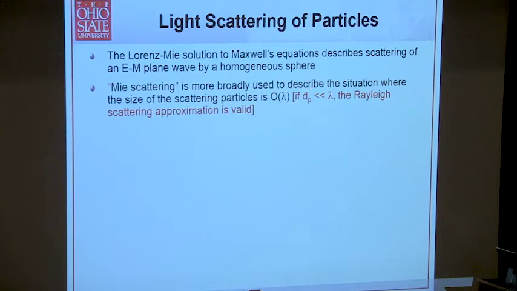If the diameter of the particle is at least an order of magnitude less than the wavelength, this is really the Rayleigh regime, where the small particle scattering, or Rayleigh scattering, approximation is valid. The particles that we typically use in our flows are on the order of the wavelength, especially after they clump. Even if you start off with really small particles, even 50 nanometers, they're a half a micron by the time you're imaging them.